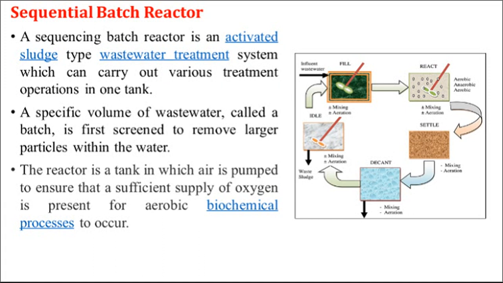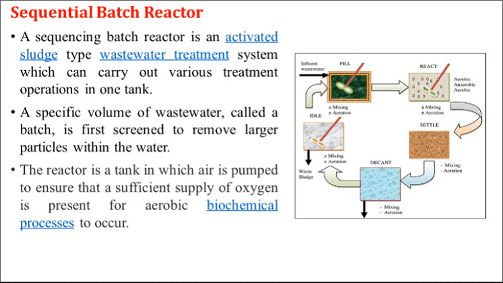A sequencing batch reactor is an activated sludge type wastewater treatment system which can carry out various treatment operations in one tank. As we have seen for ASP, there are various tanks. First PST is there, then aeration tank, then SST is there. So 2-3 tanks are there, but in case of SBR, sequential batch reactor, there is one tank only, and in this tank all the operations take place.